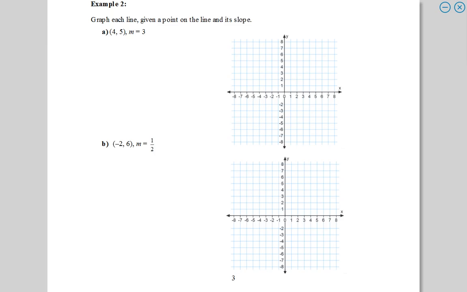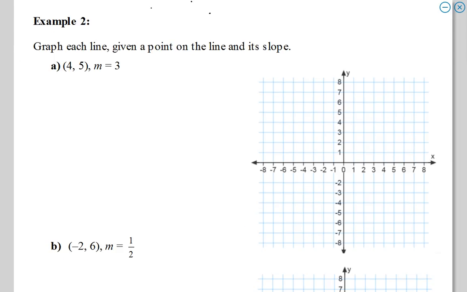Okay, let's just do one at a time here. So now this one, you're given a point, and you're given a slope. So you have a point and you have a slope. Could you generate another point?